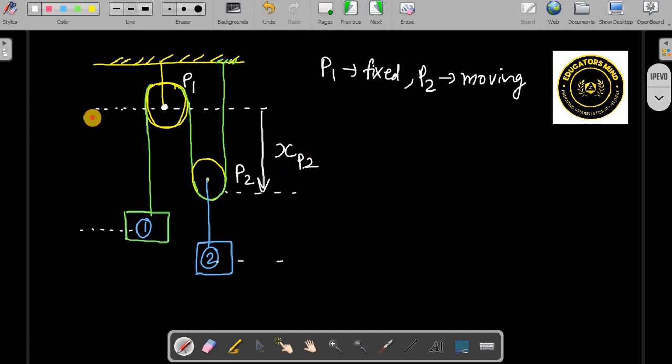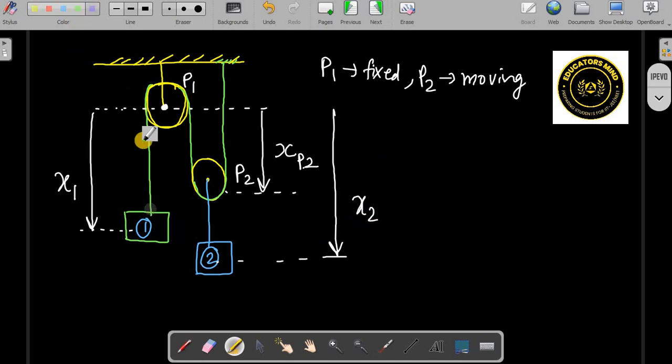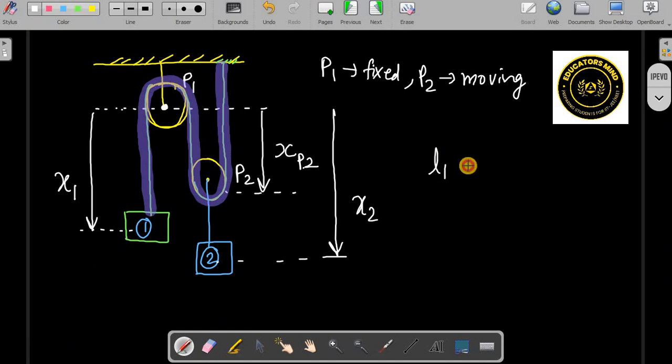This is the position of this pulley. This is the position of block 1, and this one is the position of block 2. Now we can write the length of this string. Remember, the string length does not change. So this length, this length, this is one string, right? So the length of this string will be constant. Let's say this string length is L1. So this is made up of what? x1. And this curved part you can leave.